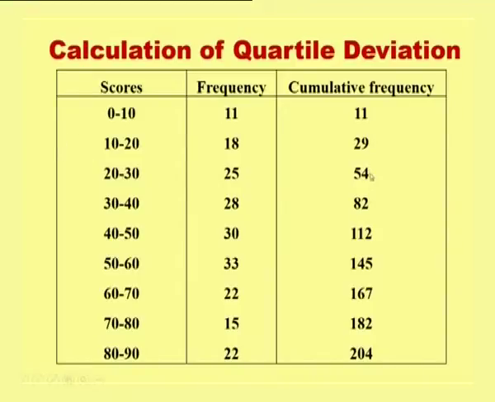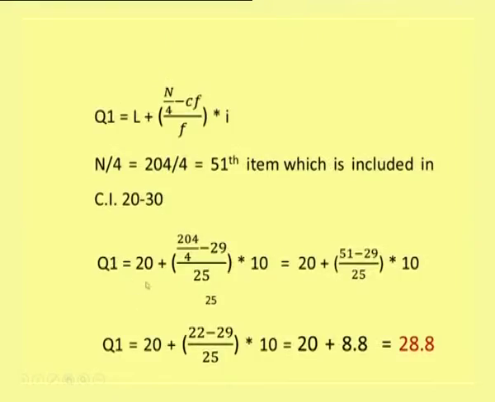So the 51st item is somewhere here, in the class interval 20 to 30, and the lower point of that class interval is L, the lower point of the class interval containing the first quartile. Here L is 20.